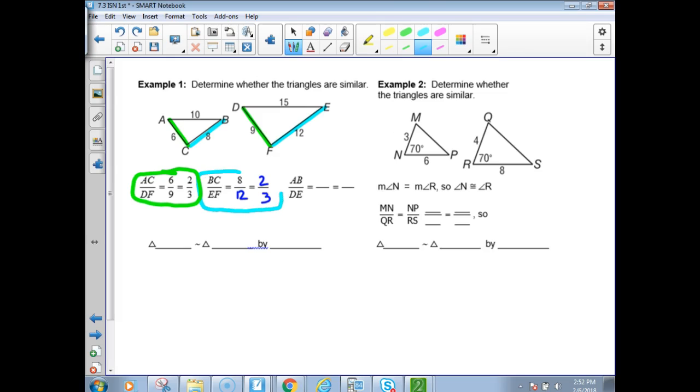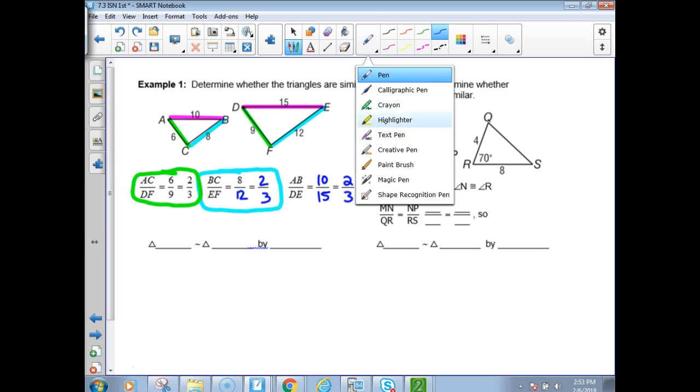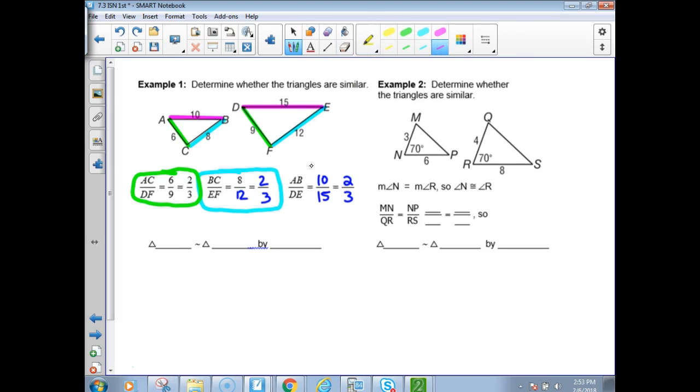Okay, these are my blue ones. And then I'm going to highlight AB and DE with pink, and those are in the ratio of 10 to 15. If you divide the top and the bottom by 5, you're going to get 2/3. Again, don't forget, you can use your calculator to find those values. All right, those were my pink ones.